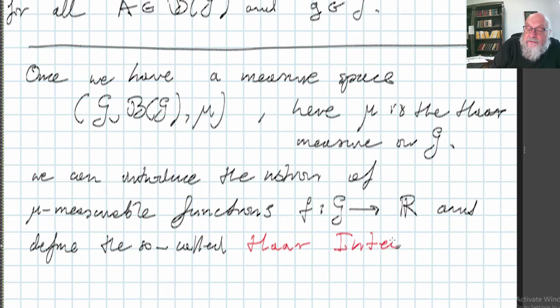That's exactly the integral that is associated with this Haar measure.